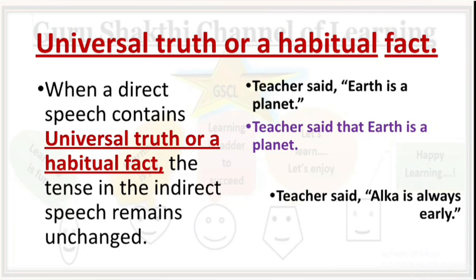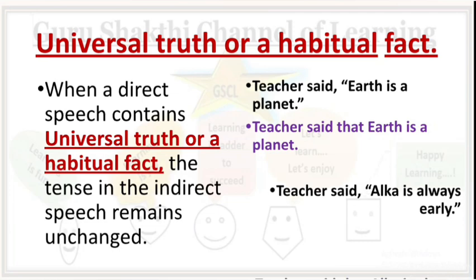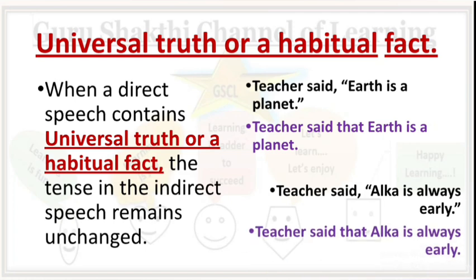Teacher said Alka is always early. Teacher said that Alka is always early. It is a habit of Alka to be early. Since it is a habit and a repeated practice every day, it is also always mentioned in present tense form.